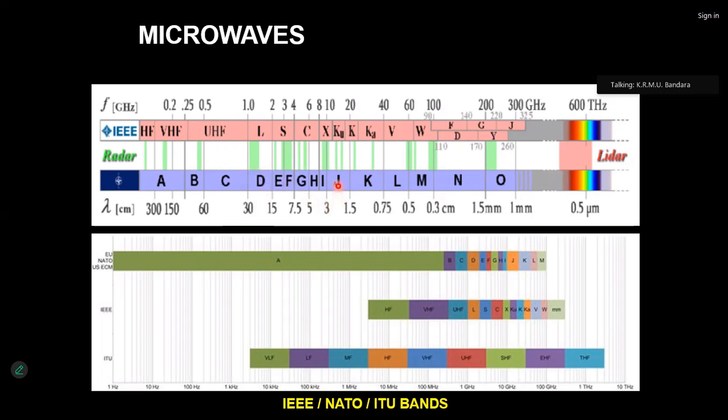If any number in between this one, from 7.5 to somewhere 4 here, this is C band. Only one number can generate. Like optical remote sensing, there is no range. Only one wavelength they are designing, they are generating and send it to the ground, and the antenna has the ability to sending that kind of wavelength only and receiving also that kind of wavelength only. If any number is using in between this one is called the L band. Okay, clear?